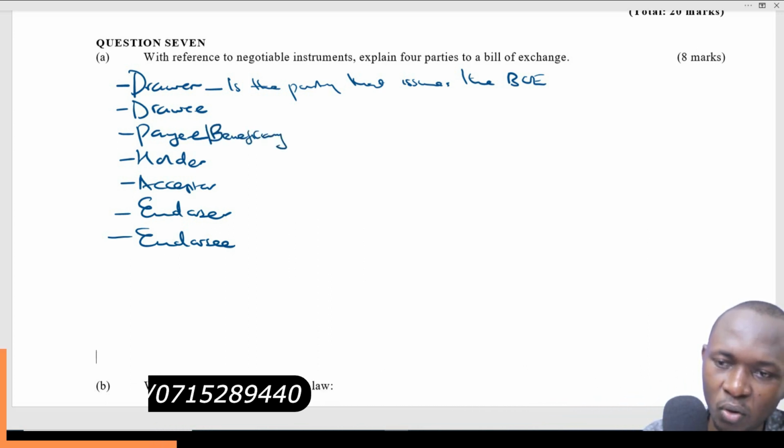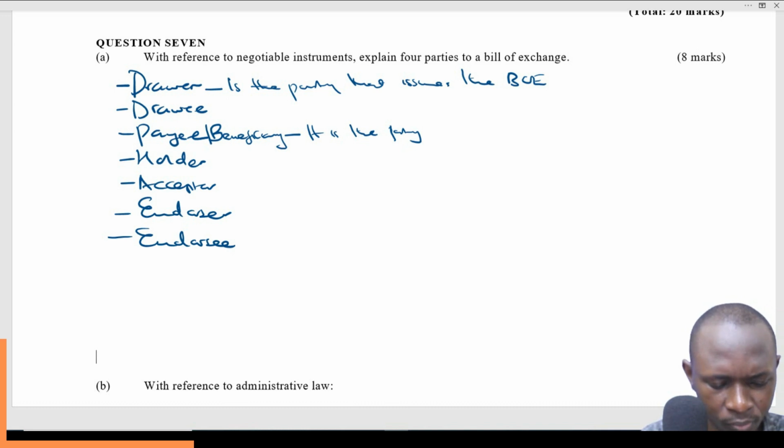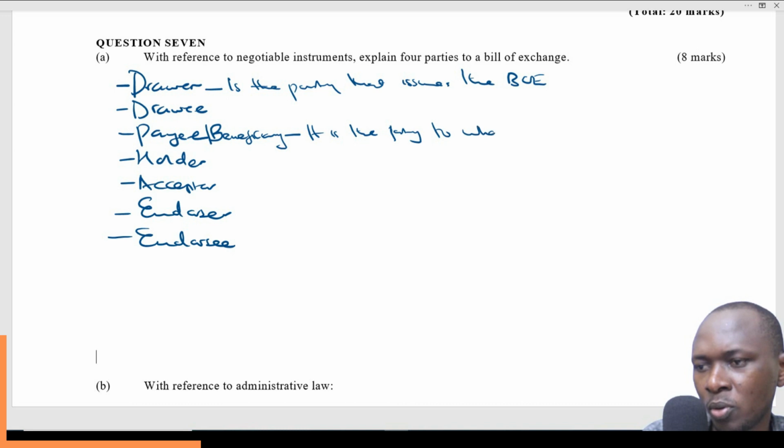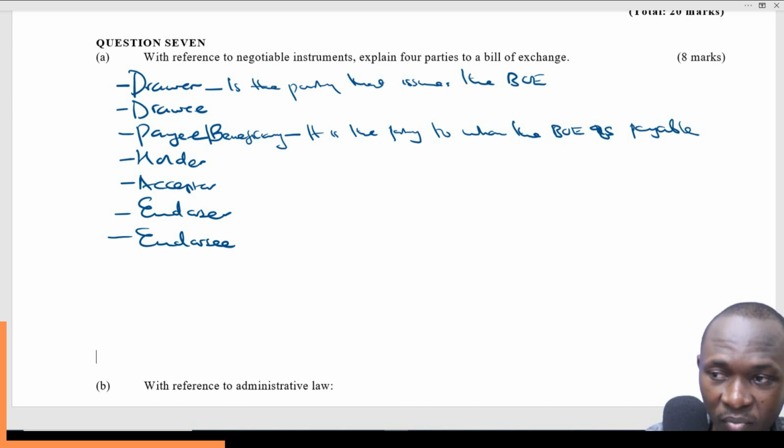So the payee is also called the beneficiary, and it is the party to whom the bill of exchange is payable. So this is the party who will actually benefit from the bill of exchange.